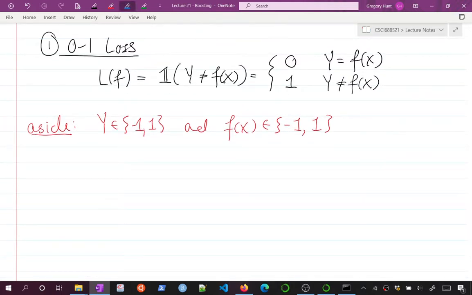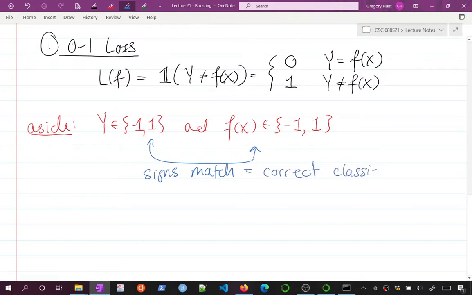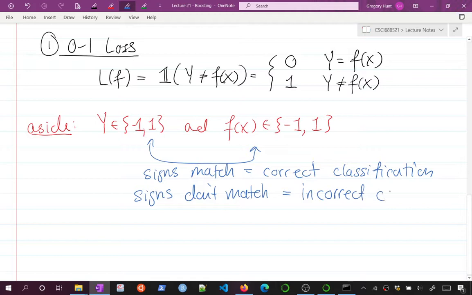And what we notice is that if the signs of y and f of x match, we've done things correctly. That is, either y is -1 and f is -1, that's a correct classification, or y is 1 and f of x is 1, that's also a correct classification. If our signs don't match, this is an incorrect classification.